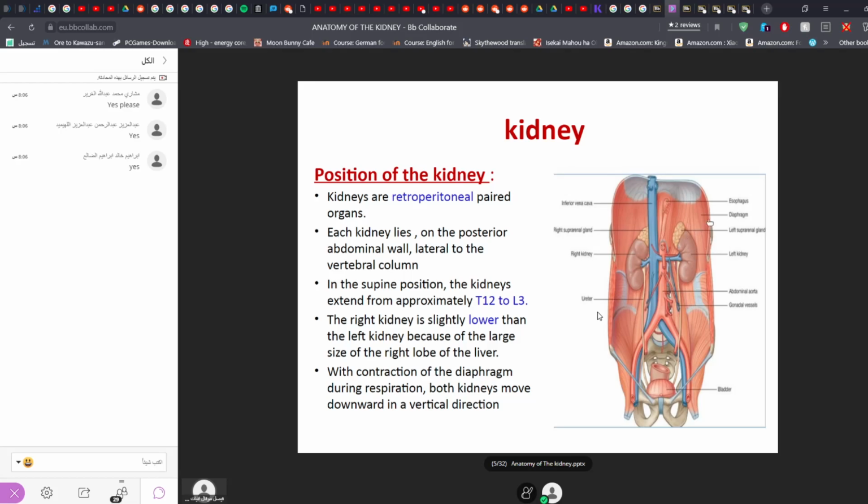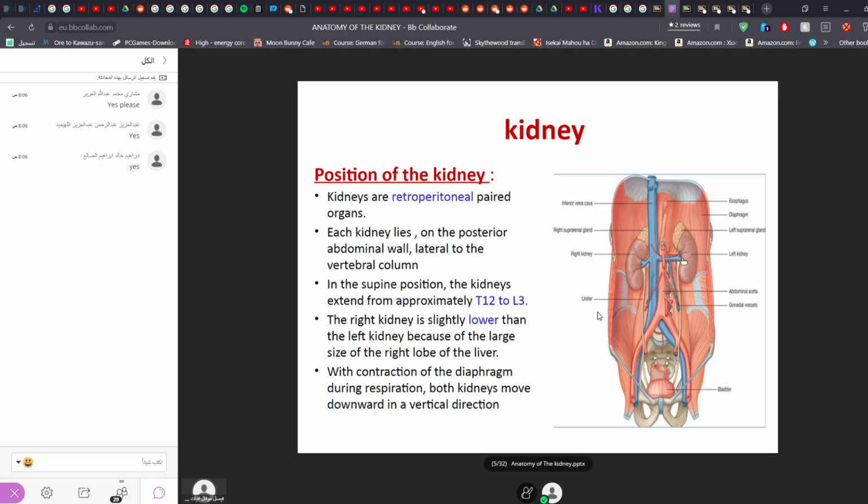Usually, the other name of the kidney is nephros, so we will call the kidney nephritic or nephron. Nephron is the functional portion of the kidney, so in clinical terms anything related to nephron means related to the kidney.